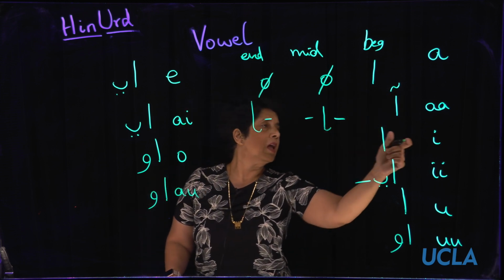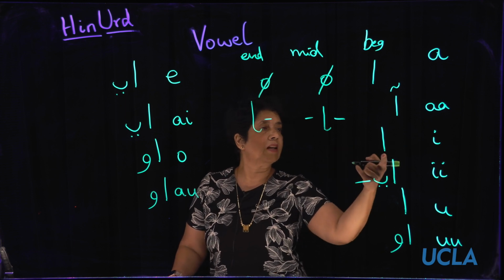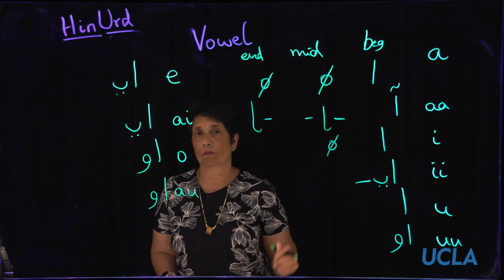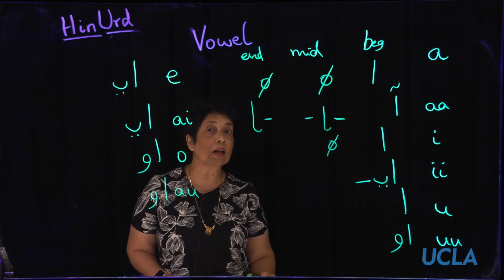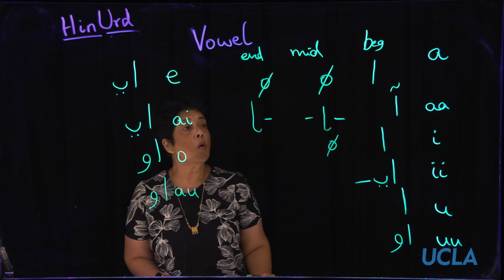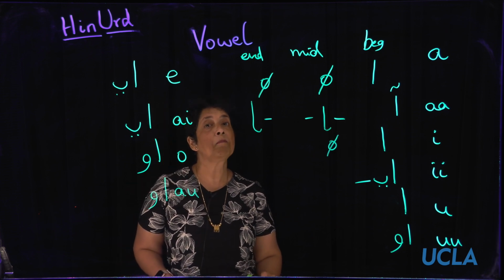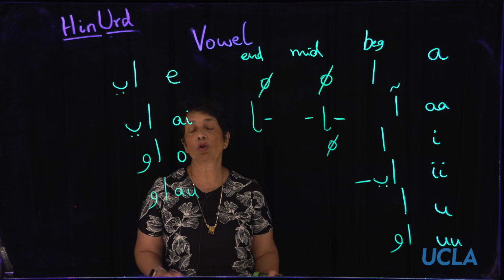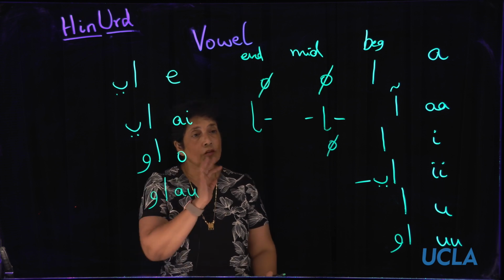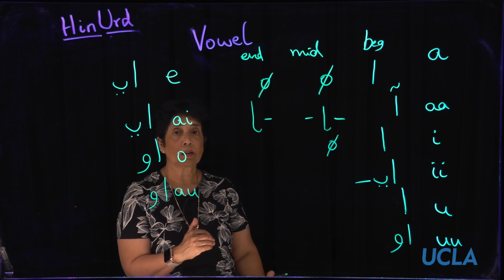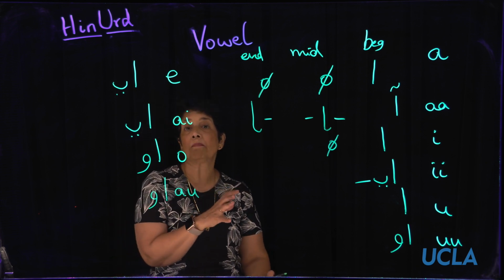Now, e. We said if you begin a word, it looks like that. In the middle, we don't put anything in. So how do you know if the word is but or bit? You don't. So you try it out. Again, is there a diacritic you can use? Yes, to differentiate between but and bit.